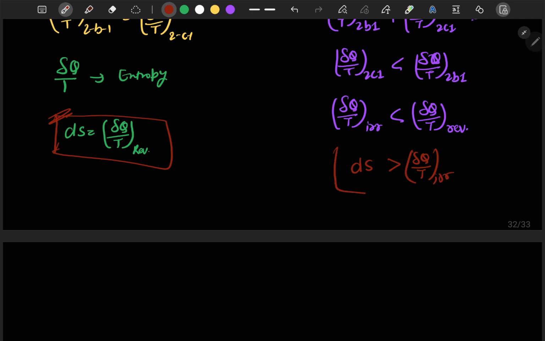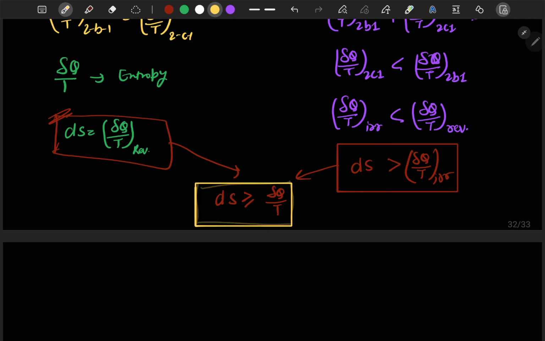Now if we combine both of these equations, we get dS to be greater than or equal to del q by T. This is a very important formula. So change in entropy is always greater than or equal to del q by T.